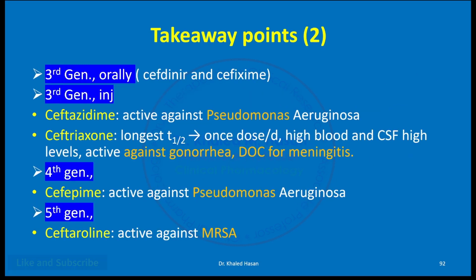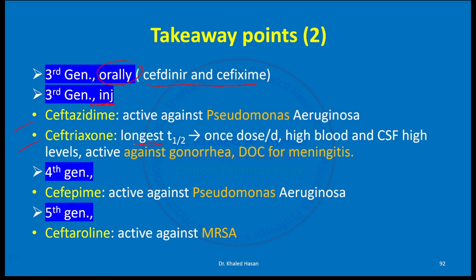What about the takeaway points from the third and fourth generations? Third generation, we have oral: two medications, cefdinir and cefixime. Moving to the third generation injectables, we need you to remember ceftriaxone and ceftazidime.